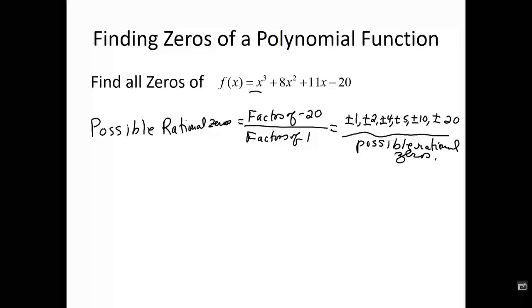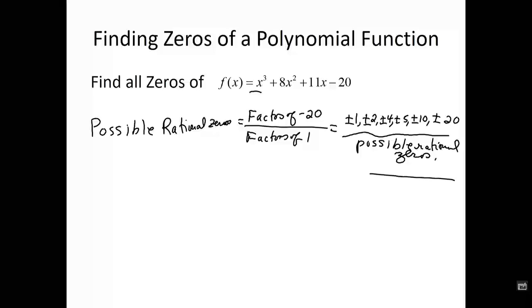All right, now we have to make a determination. Which are the zeros? In order to make this determination, we will use synthetic division. We're going to use synthetic division to see if we can find a rational zero among the possible rational zeros.